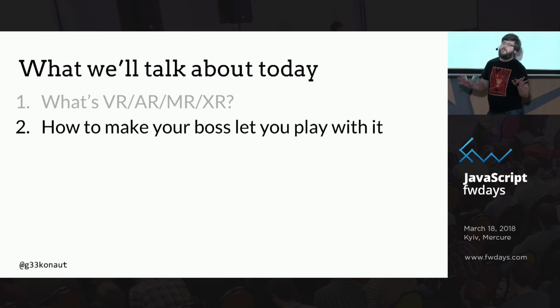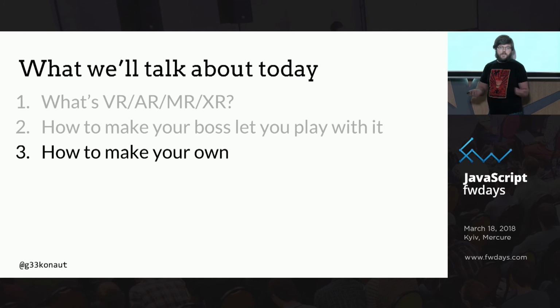I mean, totally, right? It's so 2016 to not do this, so in 2018 you definitely want to do some of this stuff. So I'm going to give you a few arguments on how to convince your boss to let you work on these kind of projects, or maybe get clients that want something like that. And then we're going to talk about the interesting thing, how to actually make it yourself.